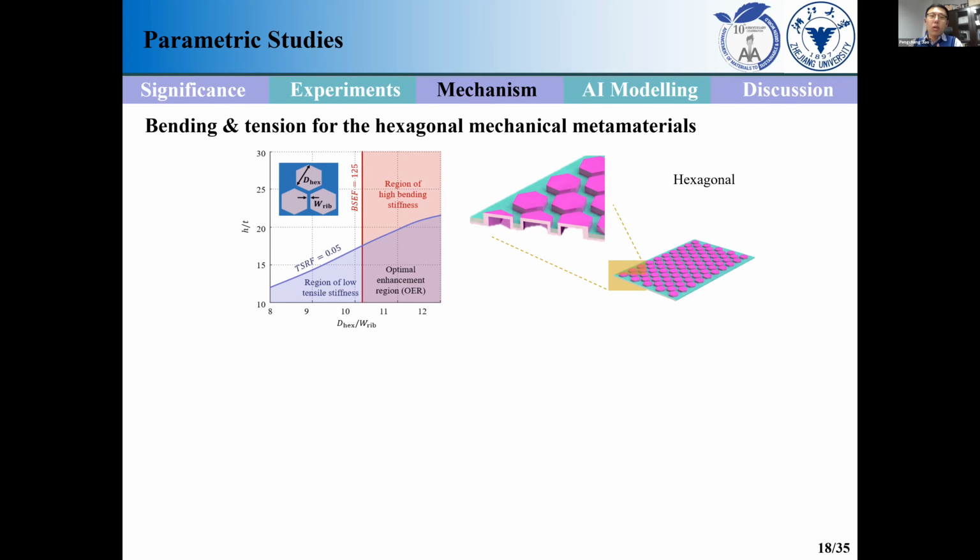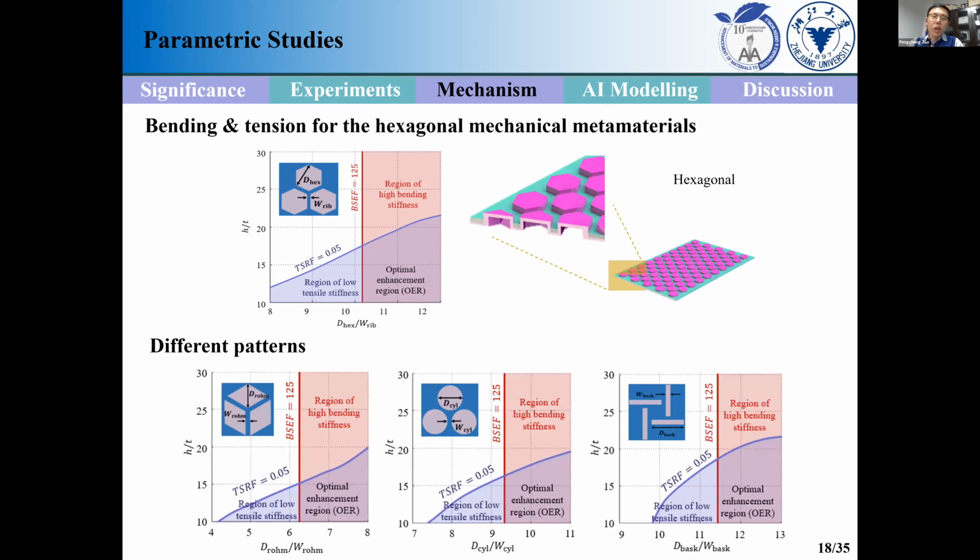And in order to investigate that, we also fabricate and study the plates with other patterns, such as the cylindrical, basket, and this. And we find a similar observation, that an optimal enhancement region is obtained.